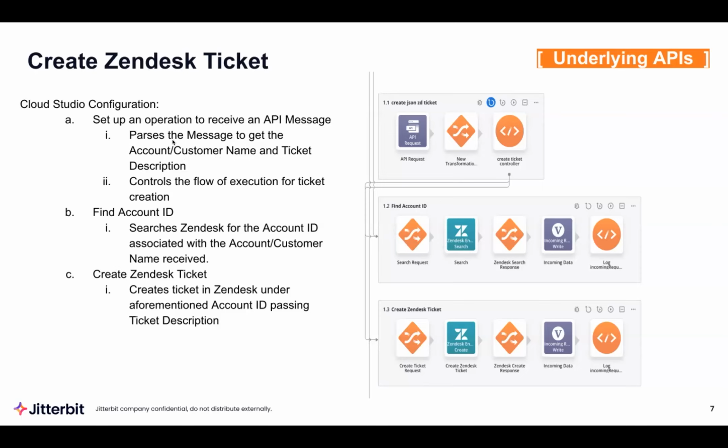Those are the 2 things we are interested in for this simple exercise. We parse that information in this transformation, and after that we have this typical controller, which is the one that determines what runs next. That's something you're going to consistently see in the different things that we do.